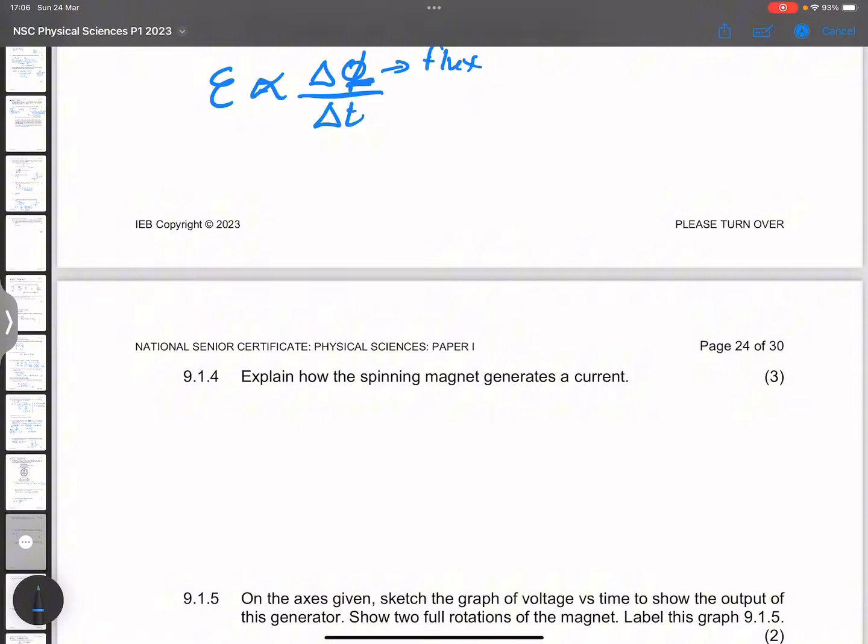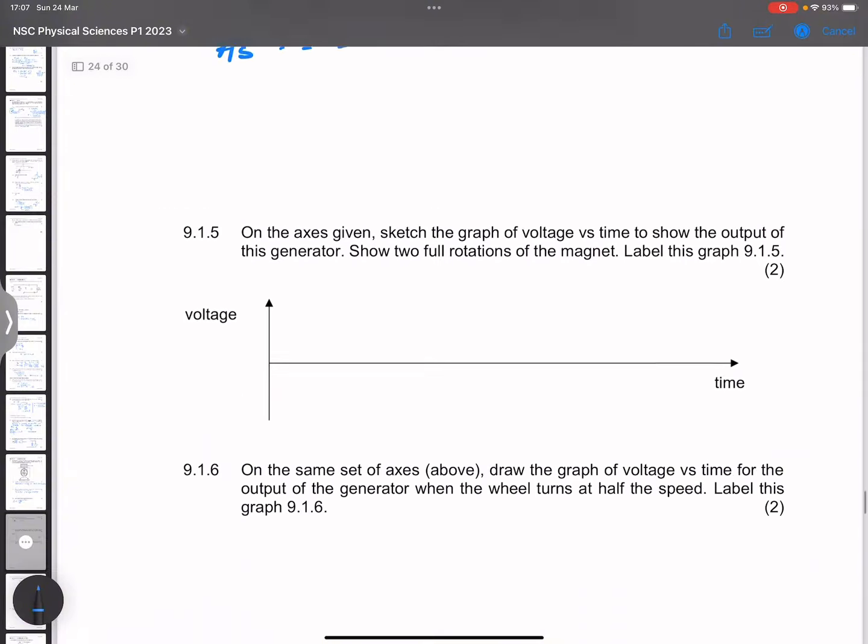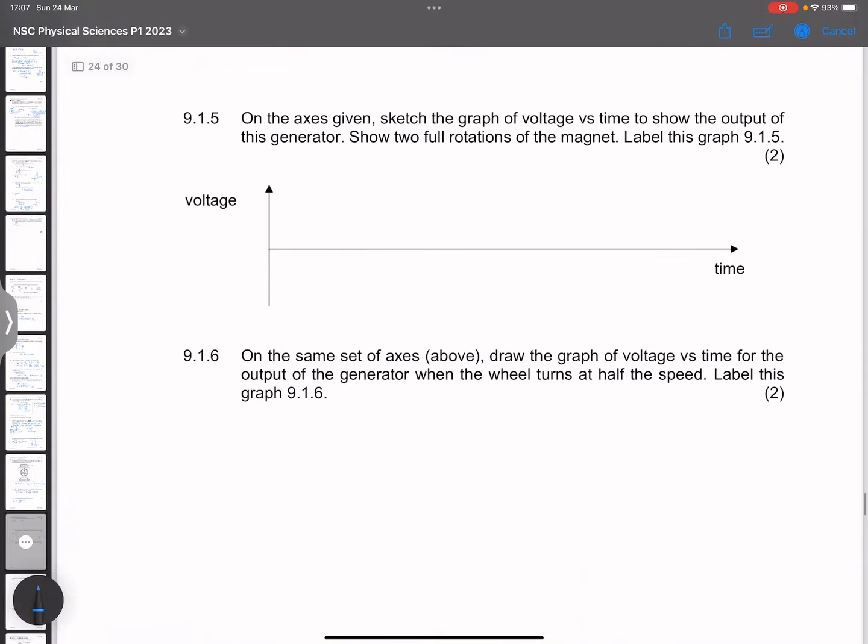Of course, this is going to change the EMF, and thus it's going to produce a current. Please make it a point that you write that down.